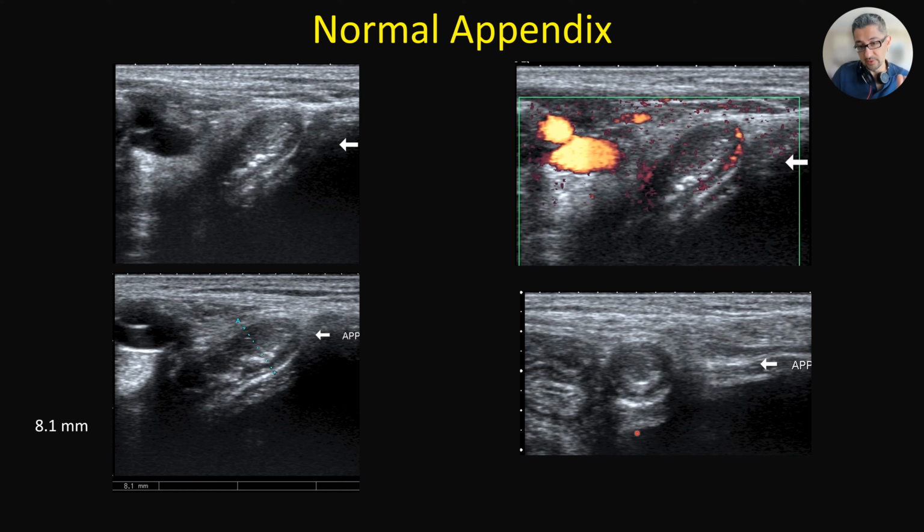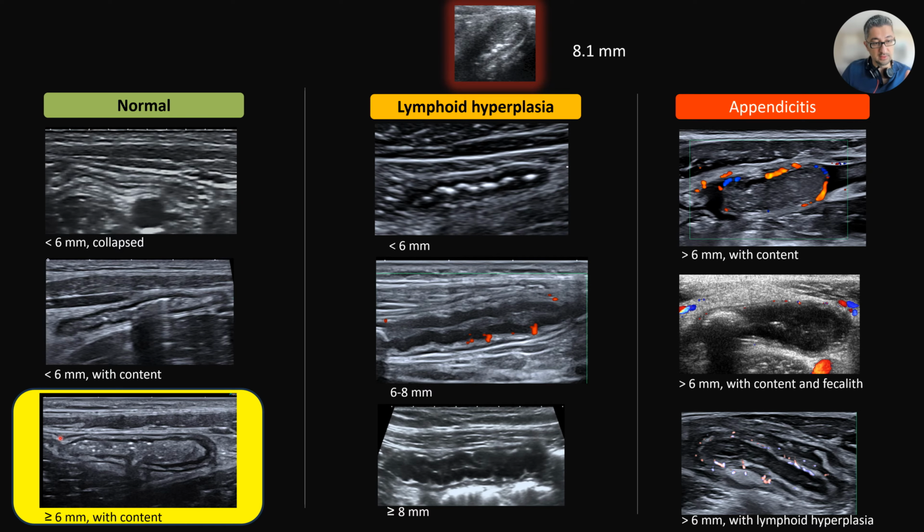There are no secondary signs, no echogenic fat, no fluid collection, and this one is unfortunately called appendicitis, but this is a normal appendix falling into this category, a normal appendix filled with content measuring over 6 millimeter.